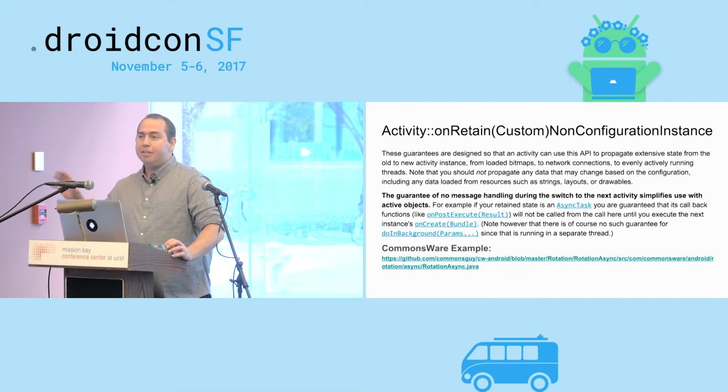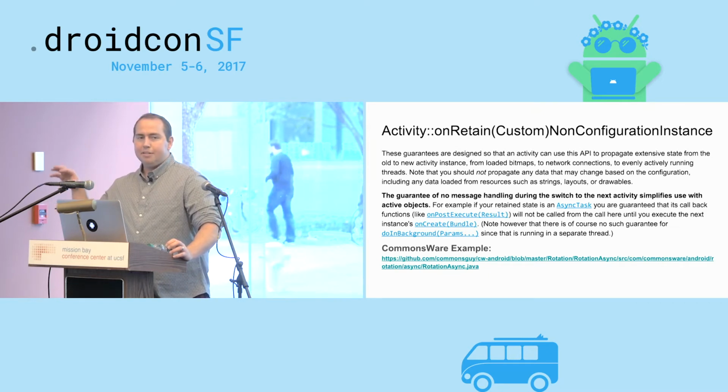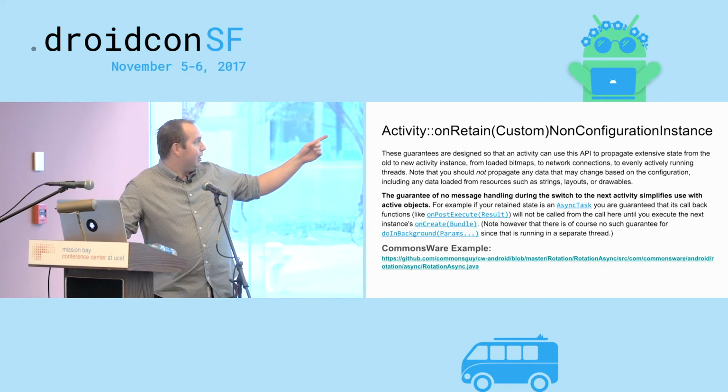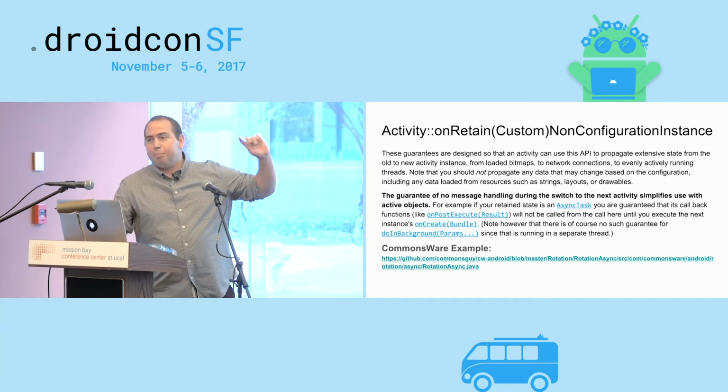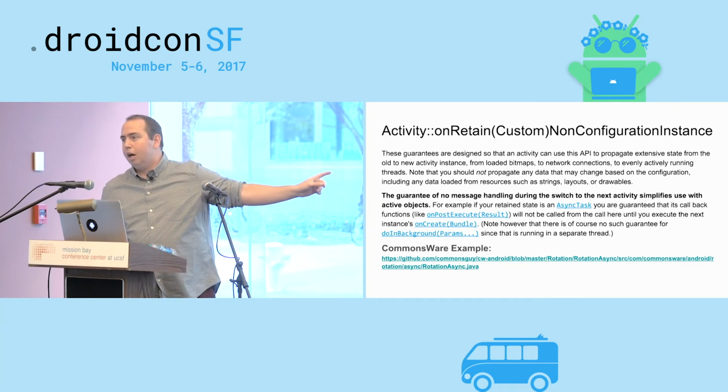So there's no other message that the looper is going to process until that's complete. So you're guaranteed that if you post a message for those results, which is what AsyncTask does on postExecute, it actually posts the message to the main thread.